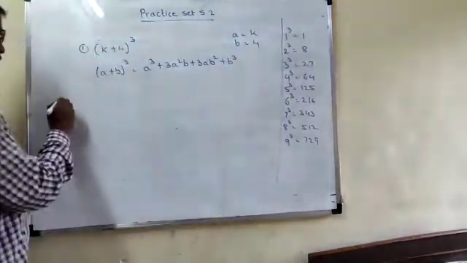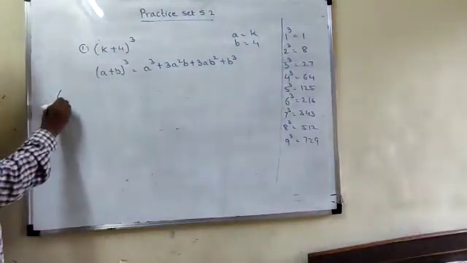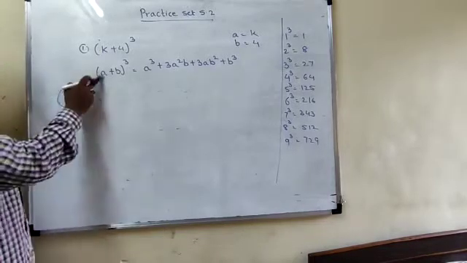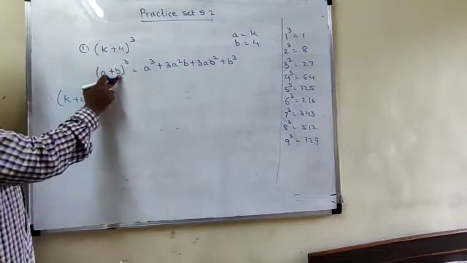Okay, I'm writing the question once again. See carefully. k plus 4 the whole cube. In the place of a, we write k. In the place of b, we write 4.